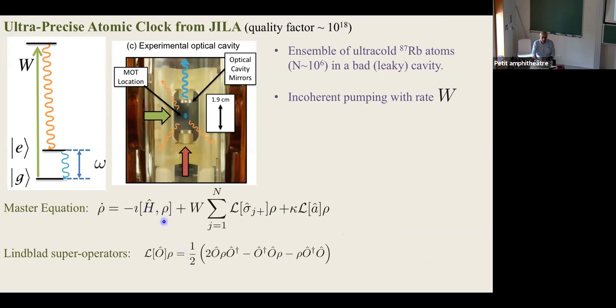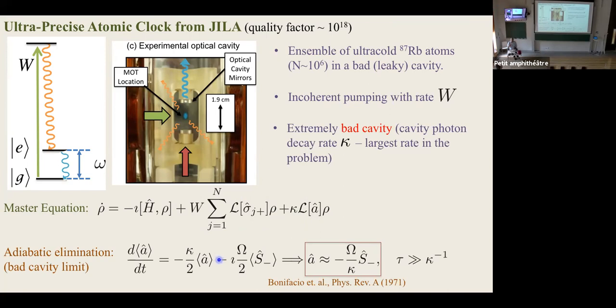So we model the pumping and decay with this master equation. The first term is Hamiltonian dynamics, the second term is incoherent pumping, and the third term is a decay of photons out of the cavity, where these curly L's are Lindblad operators.